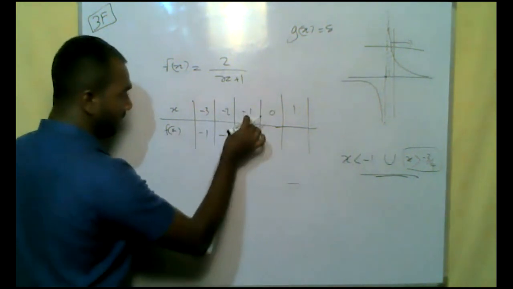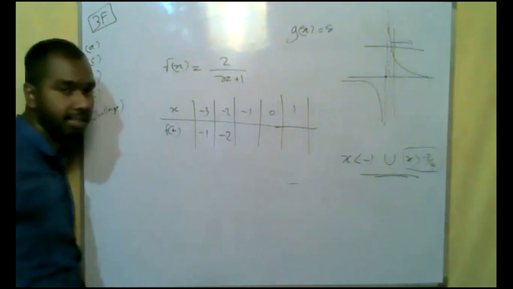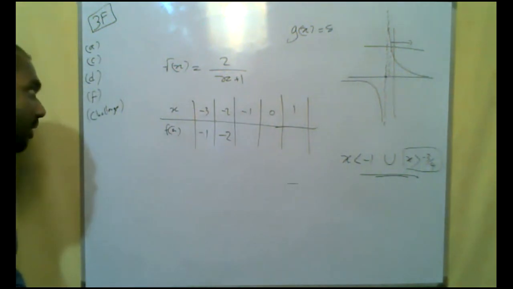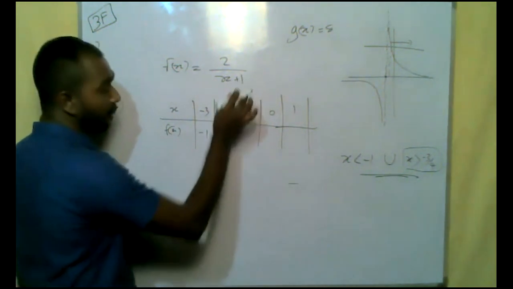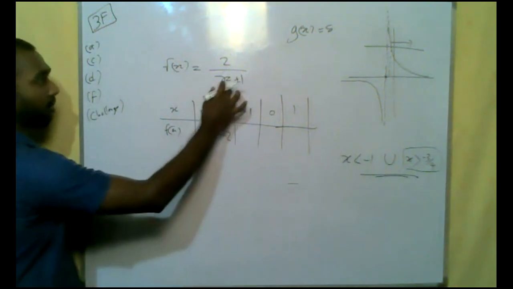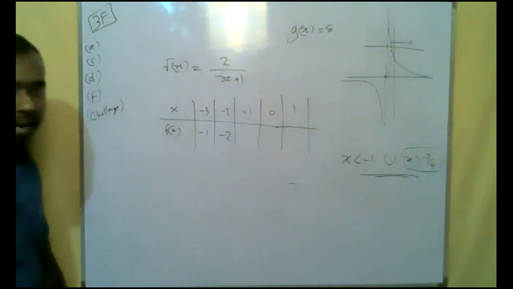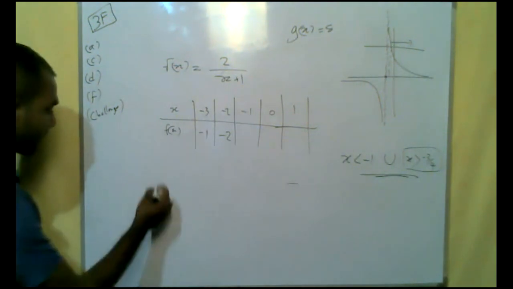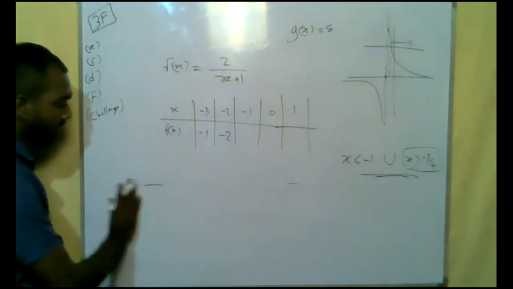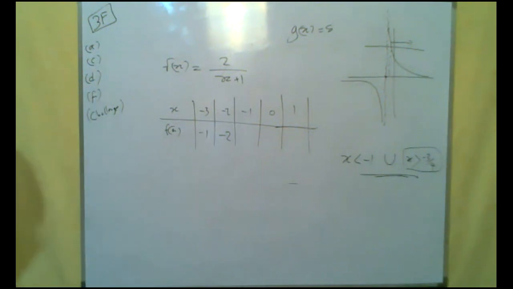In between here, we can't actually have this value because it is said x is not equal to -1. So if we just put in -1, what happens? -1 plus 1 goes to 0. So 2 divided by 0 is an undefined form. If something is getting divided by 0, it is not defined in mathematics.